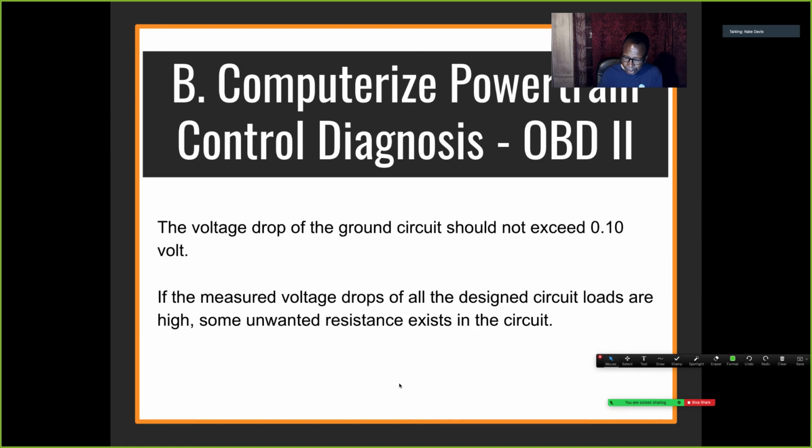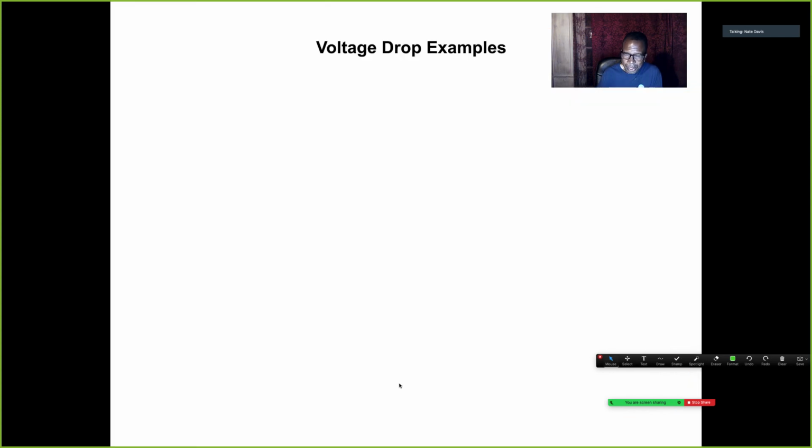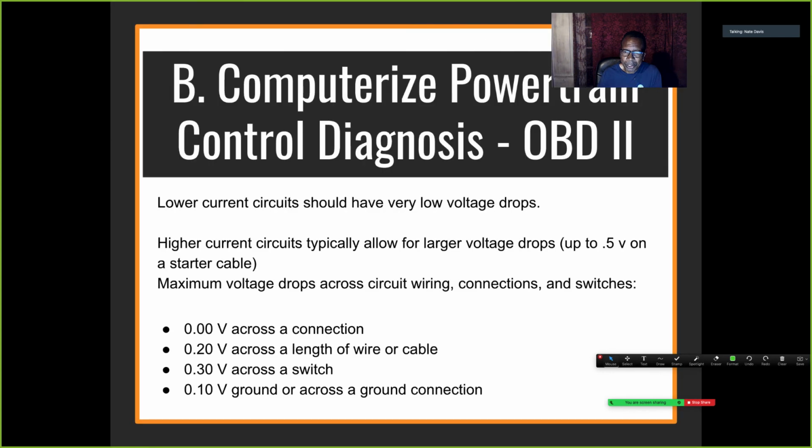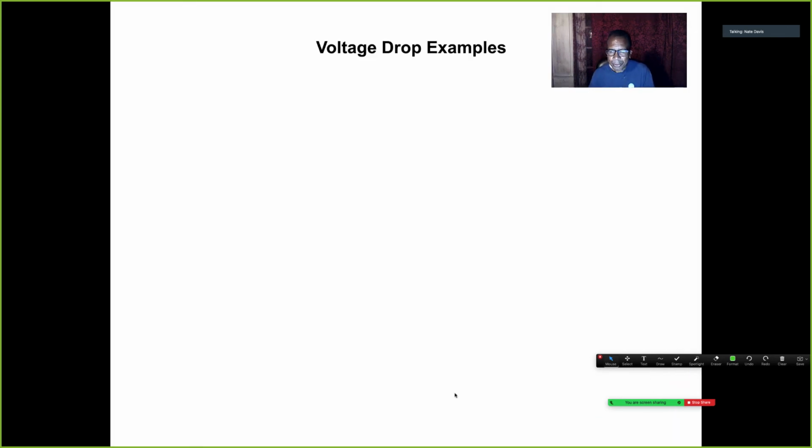Let me see. Oh, I erased it. What I was doing here on this page earlier is I had the red lead connected to the circuit. Let me show it again. What I'm trying to say on this is this. Going back to this. What the slide is saying is this.